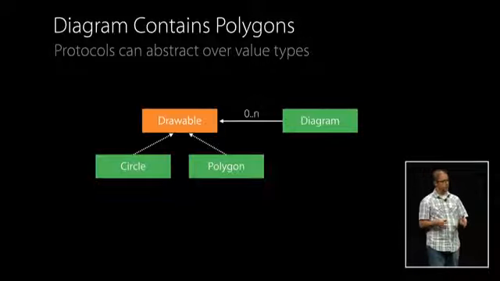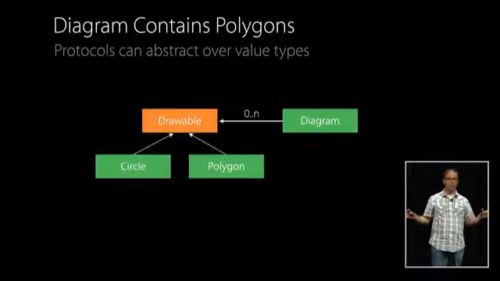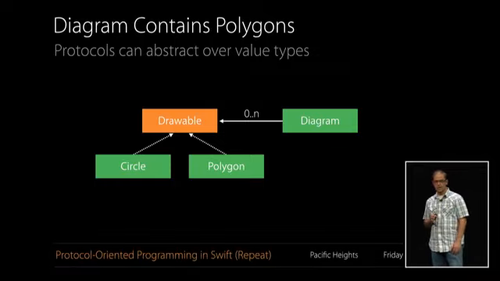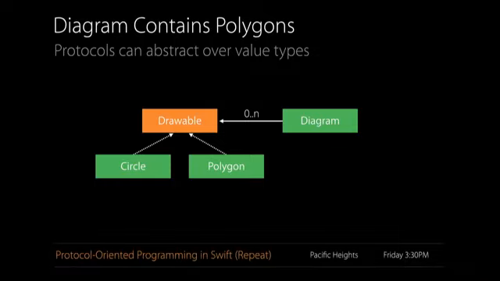So we'll create a protocol called Drawable. We'll make both of our subtypes implement that protocol, and then we can put them into an array in our diagram. There's tons of great information in the Protocol-Oriented Programming in Swift talk, which is repeating again today at 3:30. If you haven't seen that, I would highly suggest you go take a look at it or catch it on video.